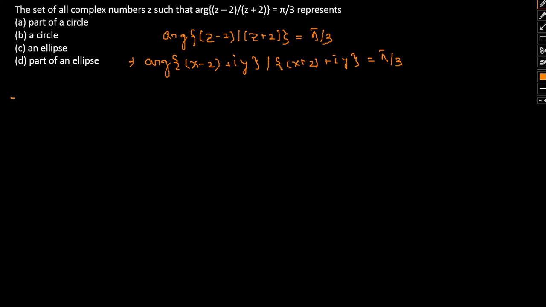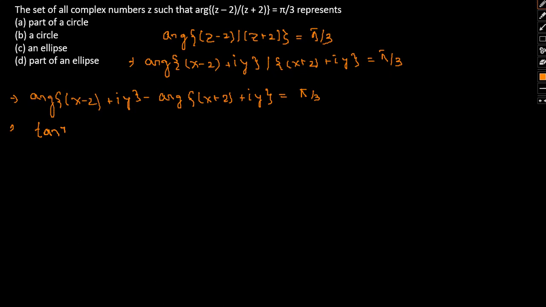Okay. Further, if I go about this again, argument of (x minus 2 plus iy) minus argument of (x plus 2 plus iy), we can write it as pi by 3, which can be further substantiated as tan inverse of y by (x minus 2) minus tan inverse of y by (x plus 2) equal to pi by 3.